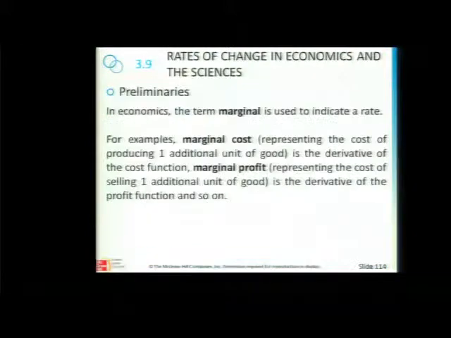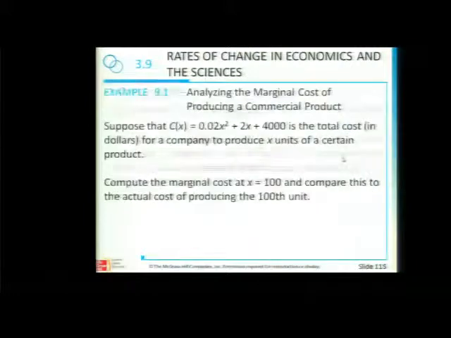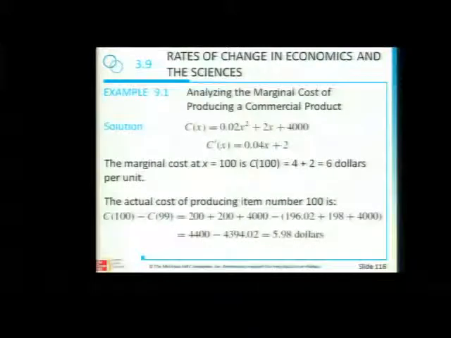And of course, the marginal cost is defined to be the derivative of the cost function, and the cost function is given already. So we just have to differentiate it. Differentiating is a simple thing to do: 0.04x plus 2.